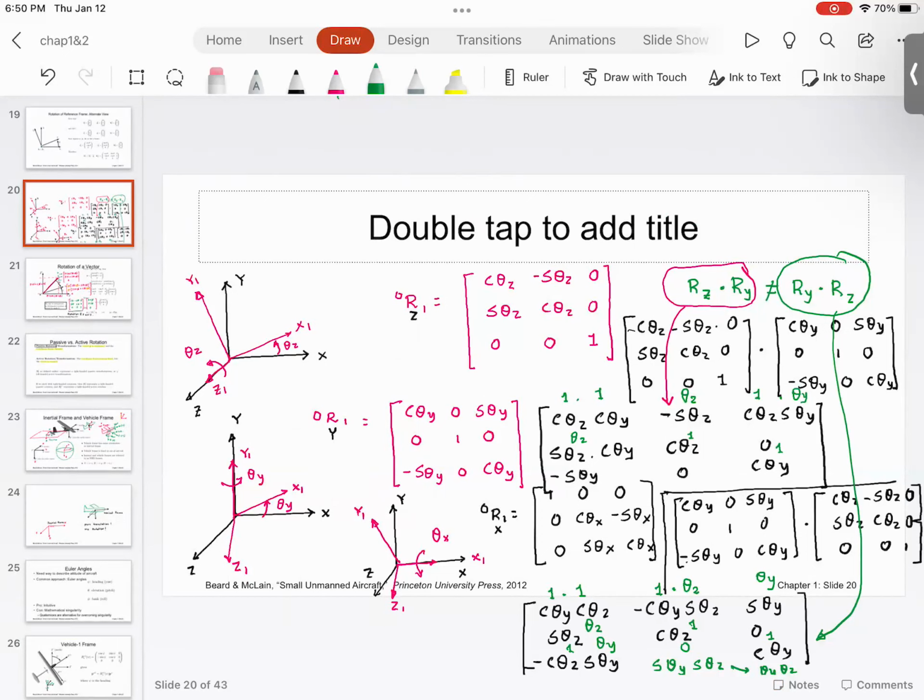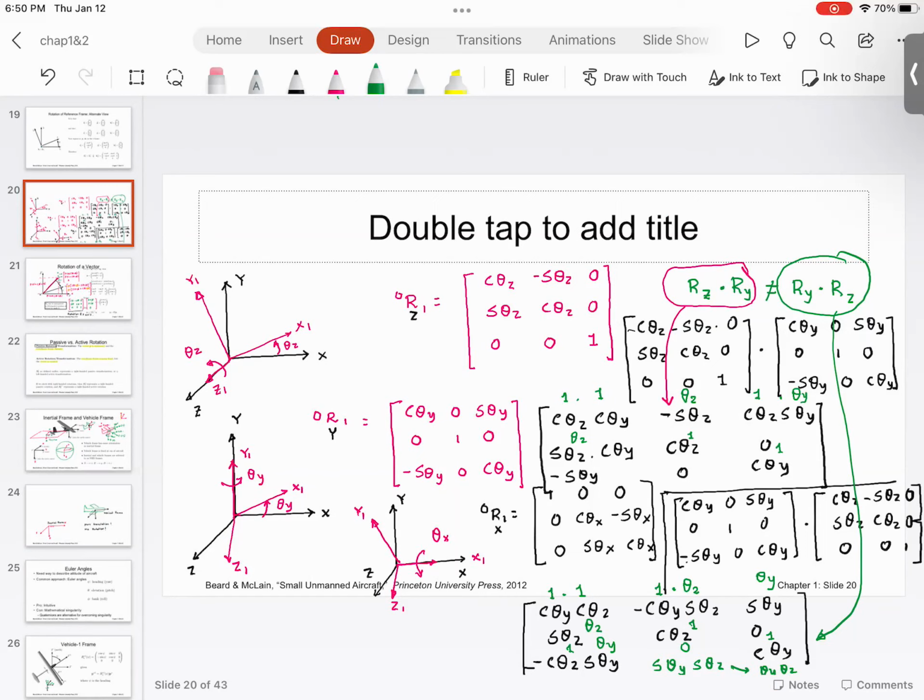Are you with me? So I want to explain this again. You are in the vehicle frame and the aircraft yaws. The frame after yawing, after rotation about z, is your vehicle-one frame. You had the vehicle frame, the aircraft turned or yawed, and now you have the vehicle-one frame. The vehicle and vehicle-one frames will have the rotation matrix corresponding to the rotation about z.